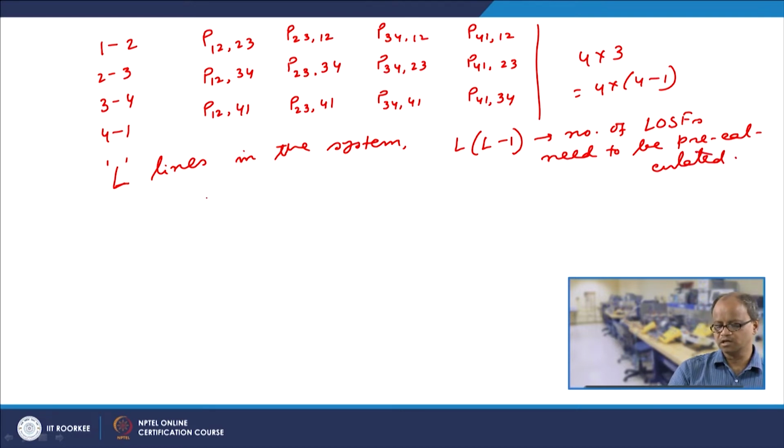If I have, let us say, 1000 lines, then I have to calculate 1000 into 999. So, it is quite a large number.